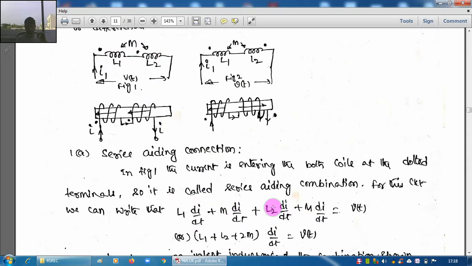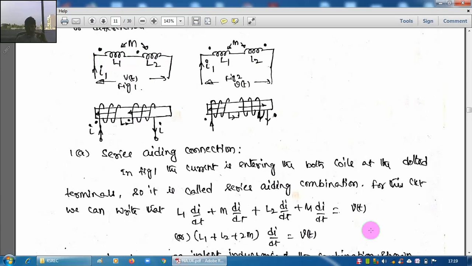Similarly in the second coil, L2 di1 by dt, and the mutual EMF, once it is found positive, here also plus M d by dt of the current in the first coil, I1, equal to the supply voltage V. Or in other words, if you write the KVL equation, V minus the 2 EMFs here and minus the 2 EMFs.